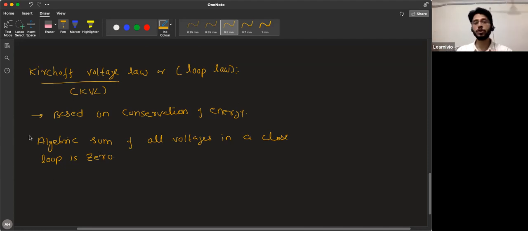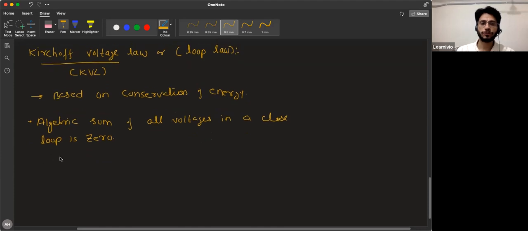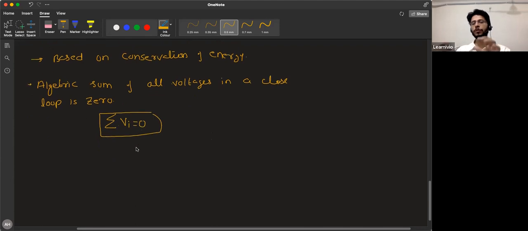That is Kirchhoff Voltage Law. Now, before understanding this, let's understand sign convention. I'll explain it later. But to understand Kirchhoff Voltage Law, you should know sign convention.